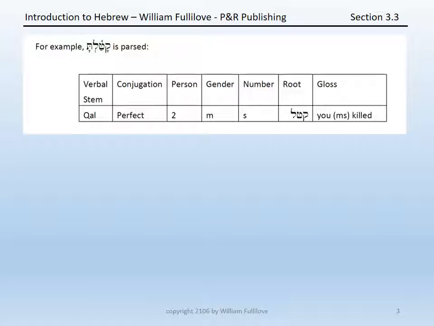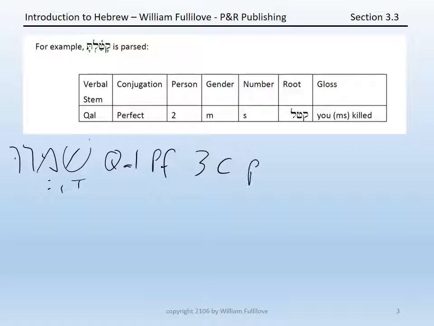To give examples, let's work on several other verbs that can follow the same pattern. Shamaru. This verb would be a Qal perfect third common plural from shin, mem, resh.